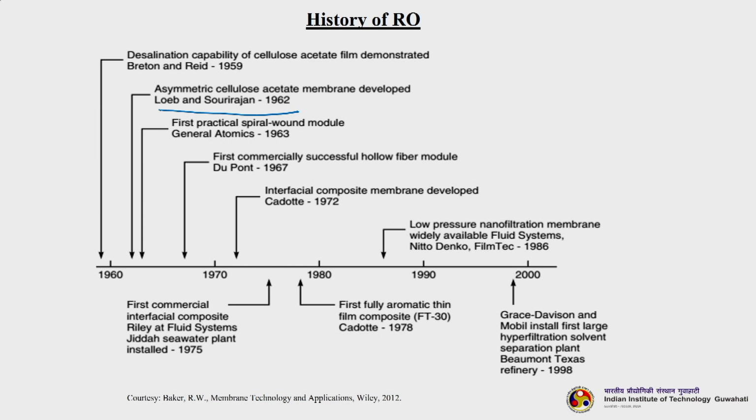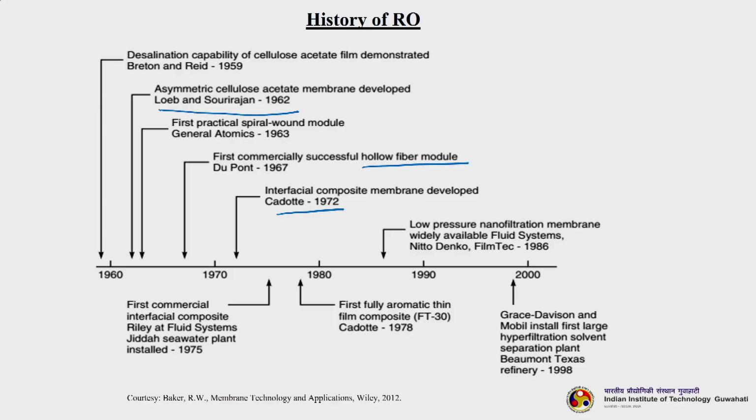Then the first practical spiral wound module was designed by General Atomics in 1963. Then DuPont successfully fabricated the first hollow fiber module in 1967, and again these were all applied for desalination processes. Then the most important breakthrough again came, which is the interfacial composite membrane development.